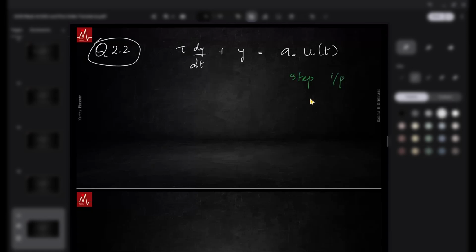And your initial condition, y of 0, let's say this is y naught. So the question is find y of t, right?